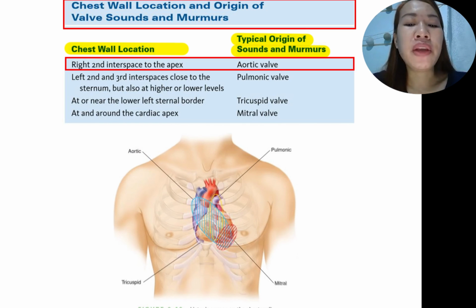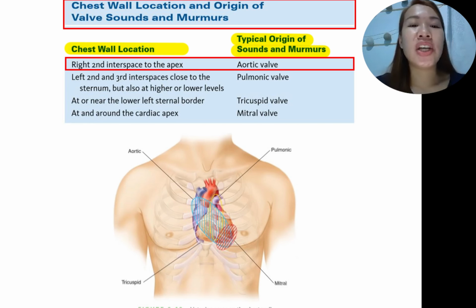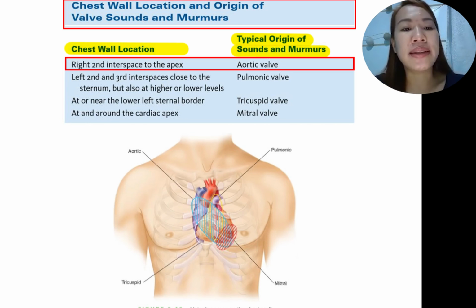The mnemonic for this is like from an ape, A and P, ape, to letter T, man. So ape to man gives us a fast way to remember where these chest wall sounds are located.